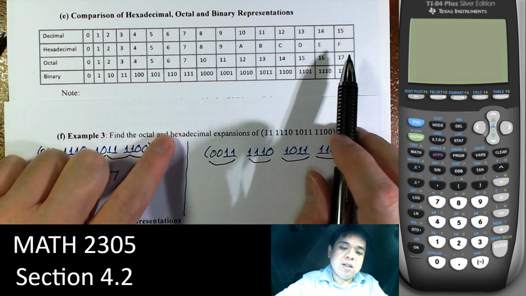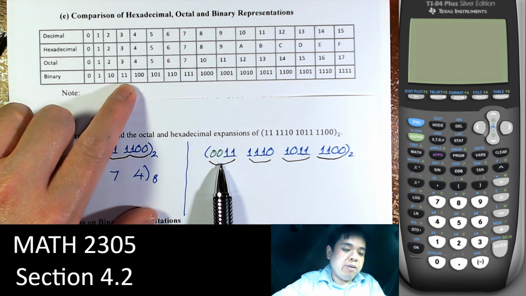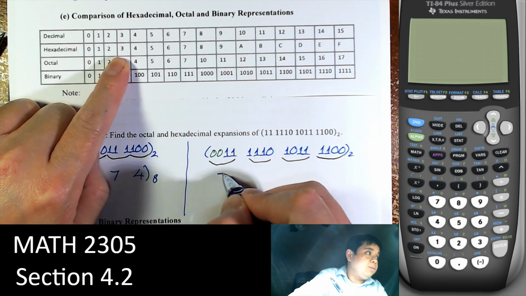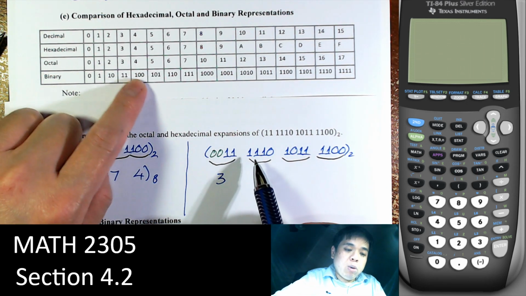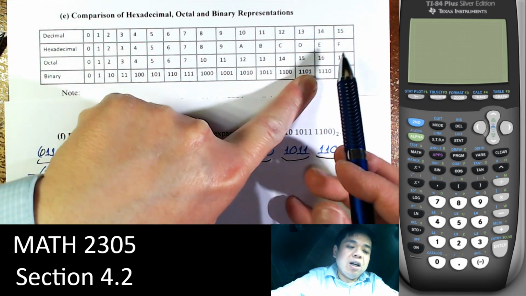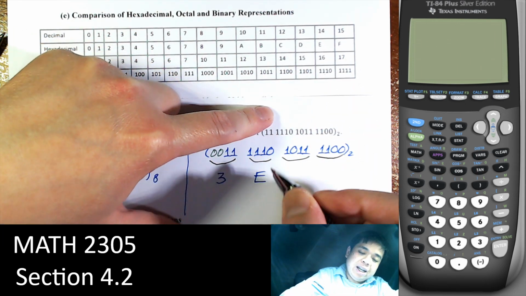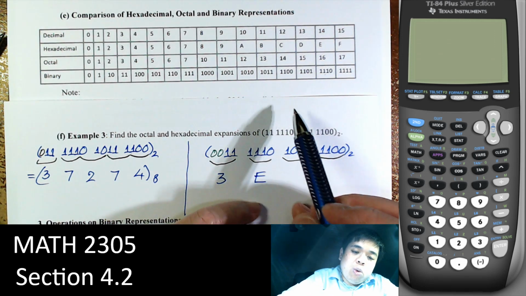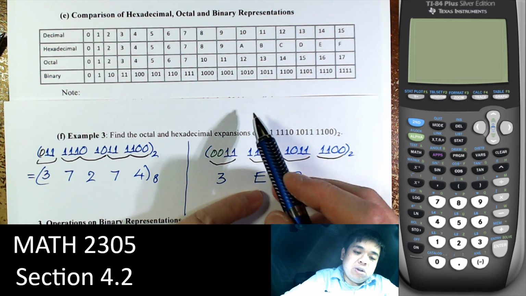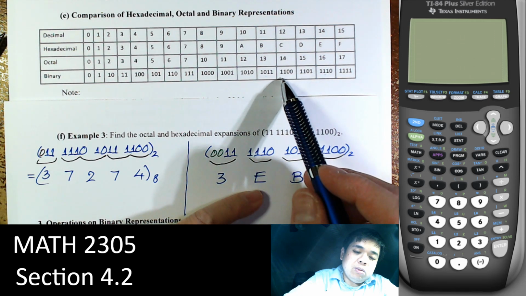Binary 0 0 1 1 is 3 in hexadecimal. Now 1 1 1 0 is 14 in decimal, but E in hexadecimal. 1 0 1 1 is B, and 1 1 0 0 is C.